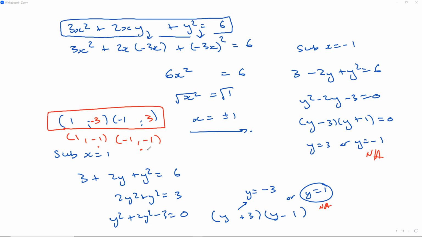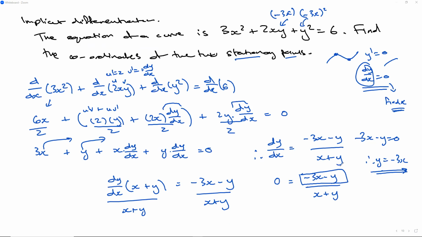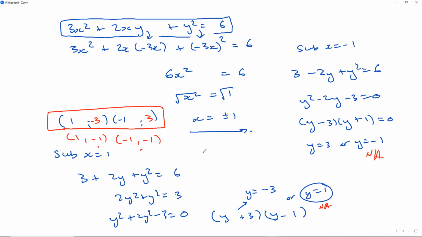So what I could have done here is I went the long way. We also knew from our previous calculation that we ended up with y equals negative 3x. So simply put, I didn't have to use the entire expression. I just got to use y equals negative 3x. And you'll find that those are the two solutions that we've come up with, instead of the entire calculation.